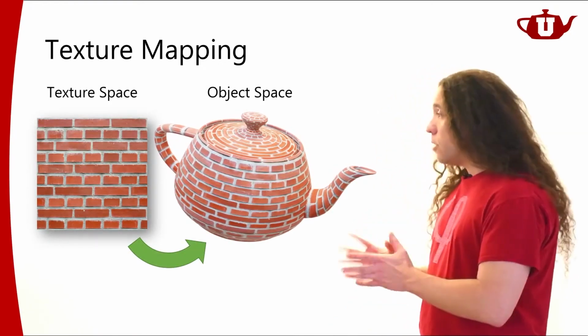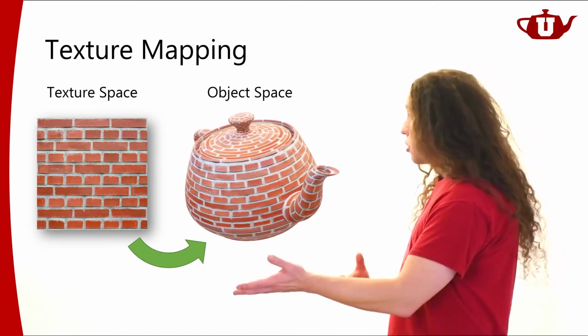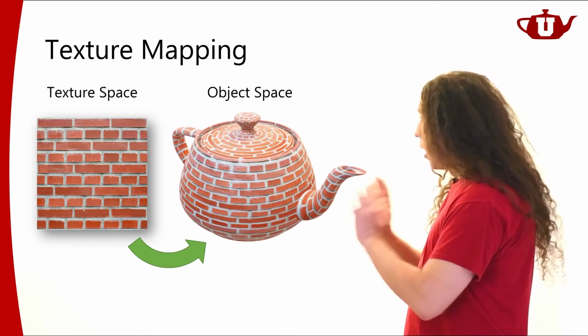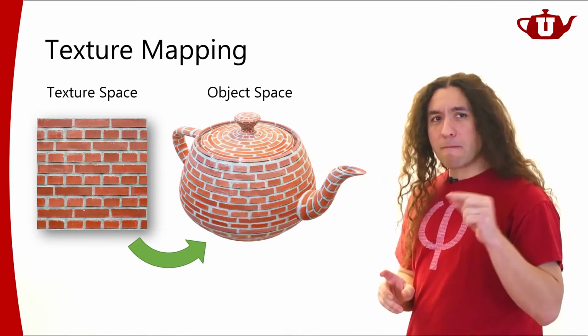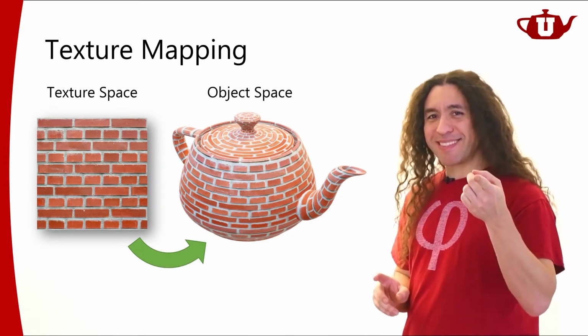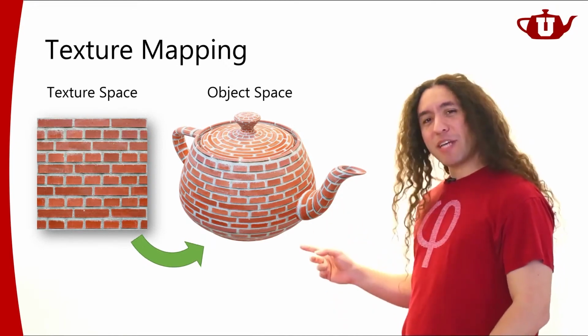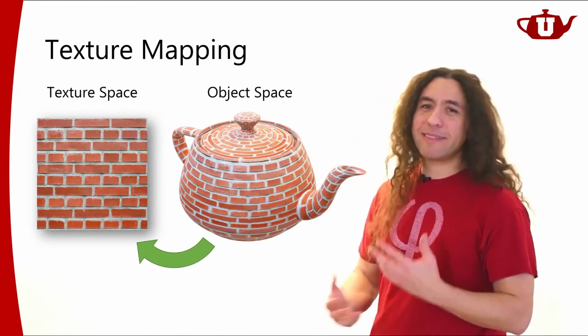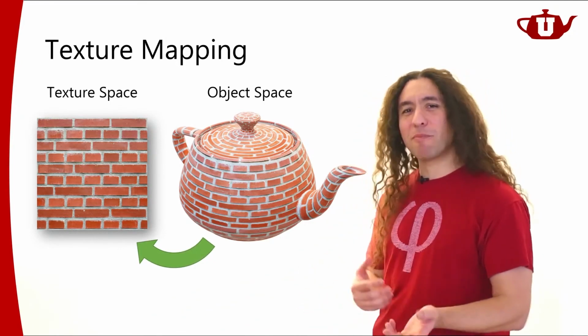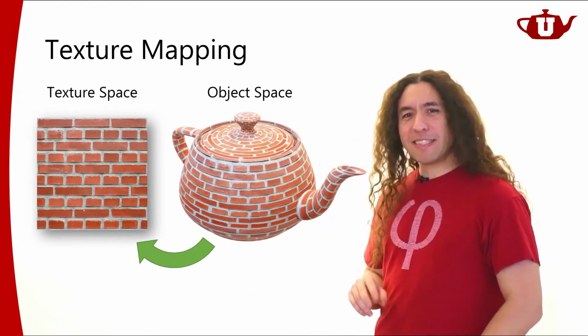What I want to do is take a texture and figure out a way to map it onto this object, right? But actually, texture mapping does the exact opposite. It takes the object and maps it onto the texture. Okay, it's more or less the same thing, sort of, not exactly.